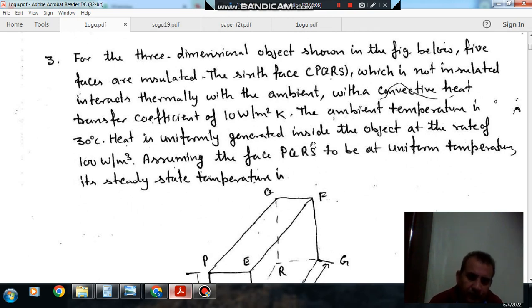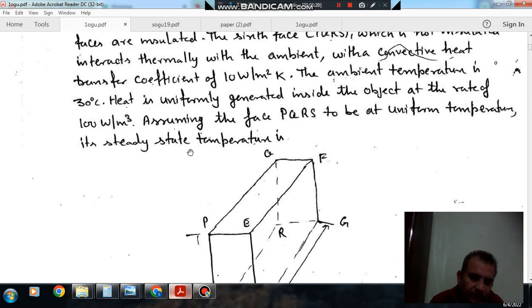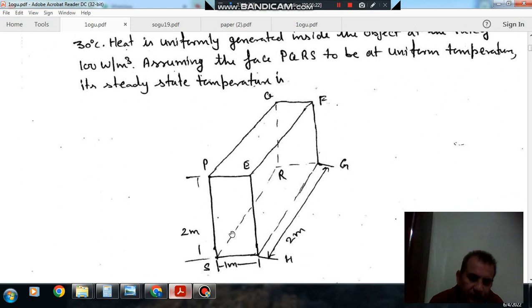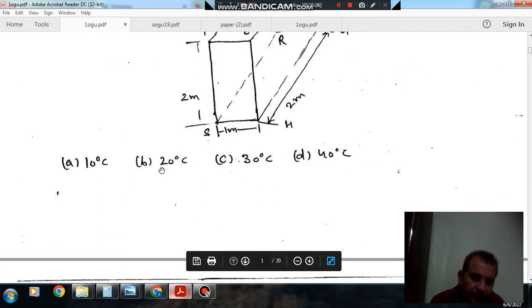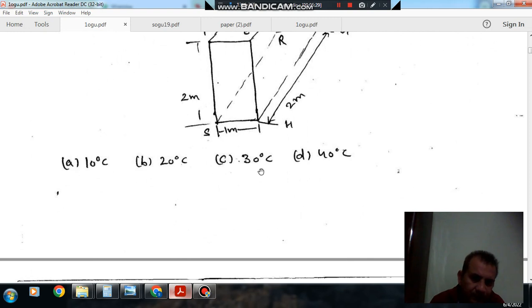Heat is uniformly generated inside the object at the rate of 100 watt per meter cube. Assuming face PQRS to be at uniform temperature, its steady state temperature is: option A 10 degrees Celsius, option B 20 degrees Celsius, option C 30 degrees Celsius, option D 40 degrees Celsius.